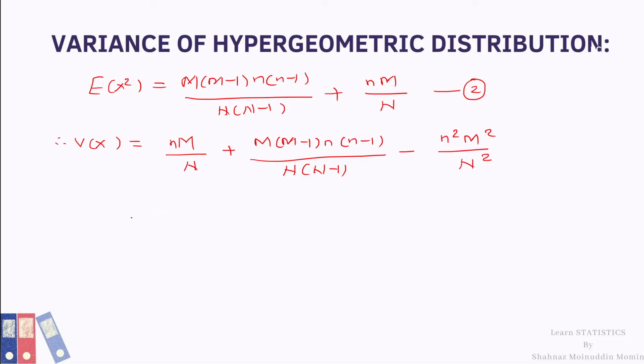This is our equation 1. So we will take a common of nm by n. The remaining terms are 1 plus m minus 1 n minus 1 by n minus 1 minus nm by n.